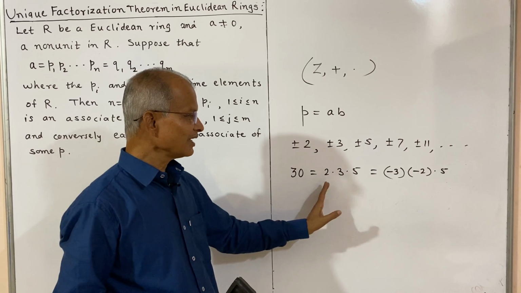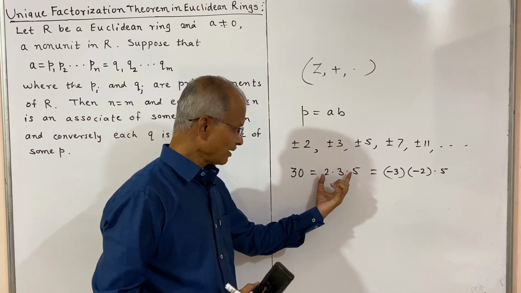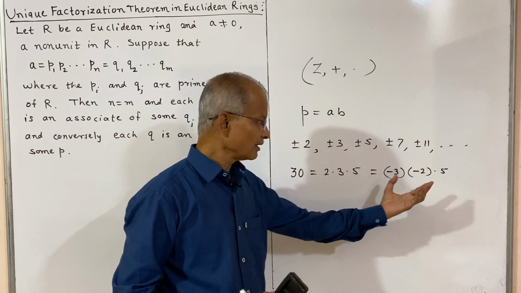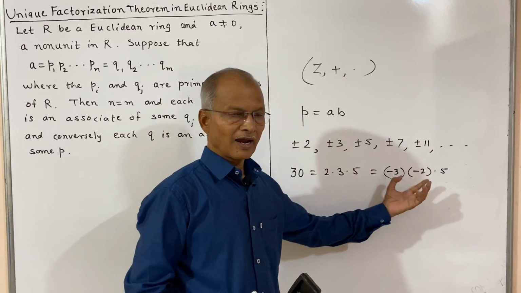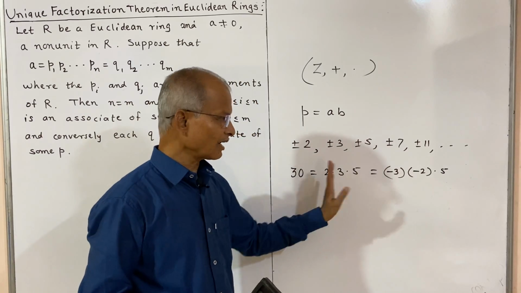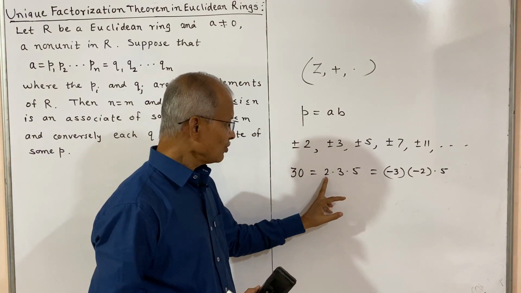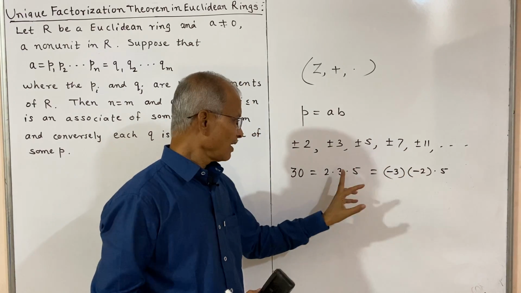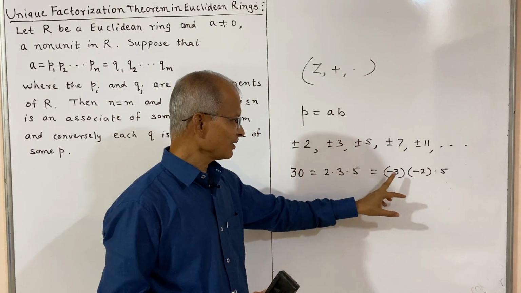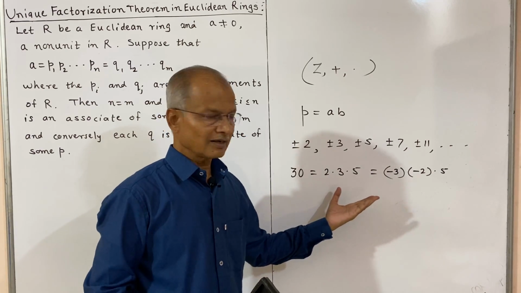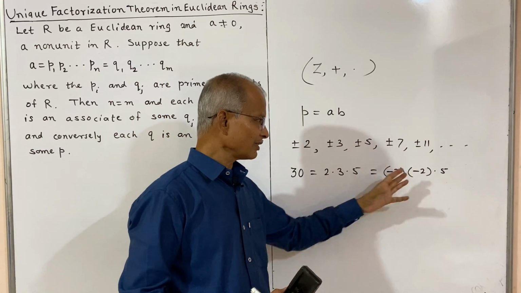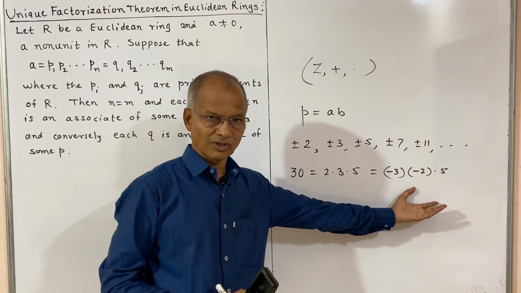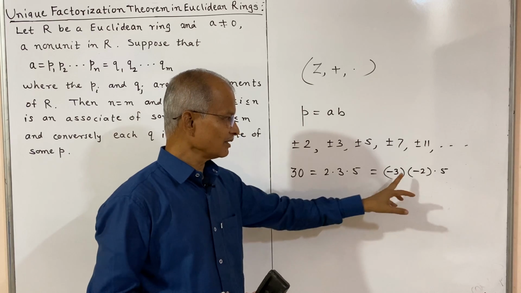Now what is the relation here? The number of prime elements here is 3, and here also there are 3, and the relation between these is that they are associates. So 2 is an associate of -2, and 3, the order may be different. Because it is commutative, we can write in the same order, or we can change the order. Some P is an associate of some Q here, not necessarily in the same order.